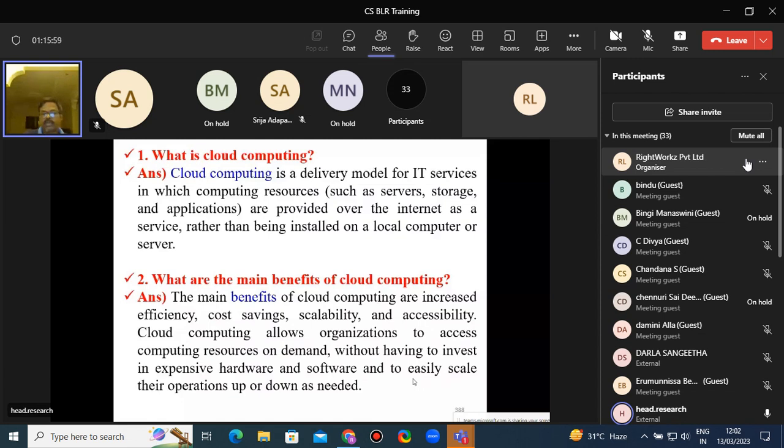Cloud computing allows organizations to access computing resources on demand without having to invest in expensive hardware and software, and easily scale their operations up or down as needed.